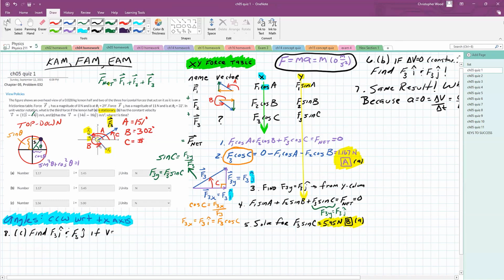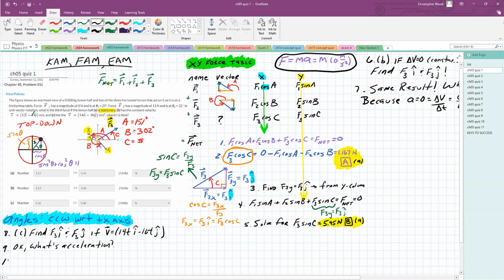For me, I have a velocity equal to 14t I hat minus 16t j hat. So that's for sure not a constant velocity, and I need to find, okay, what's the acceleration? The acceleration is not equal to 0.